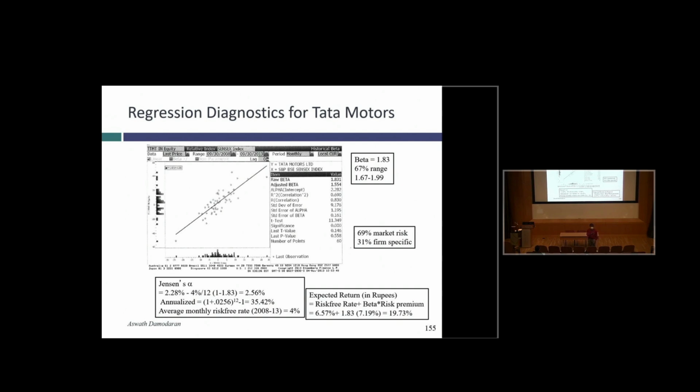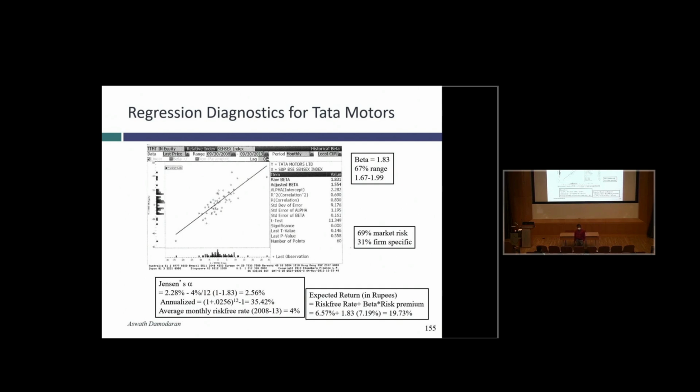If that doesn't strike you as impressive, if I annualize the 2.56%, I get a Jensen's alpha for Tata Motors of 35.4% a year between 2008 and 2013. This can't be explained away by the automobile sector doing well. There's something that Tata Motors did right during this period that explains these huge Jensen's alphas.